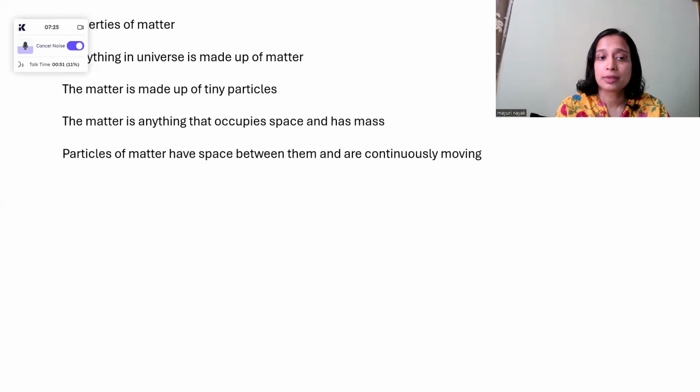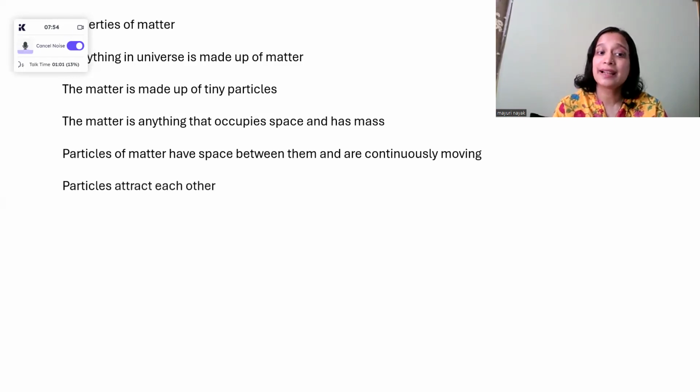Particles of matter have space between them and are continuously moving. Now here, if you light an incense stick at home, surely you will get that nice smell in your house. It is because the particles are moving continuously in the empty space. But this we will discuss later in the next topic.